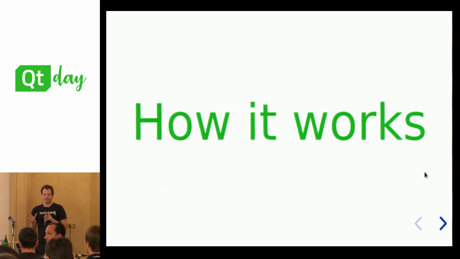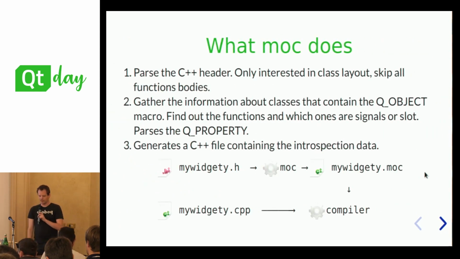But so how does it all work? How can we get that to work? The moc will take your C++ header, so that's the file we saw earlier with all those macros, and it will just read all the properties and all the signals and slots, but it will not care about anything that is inside the bodies of the functions.